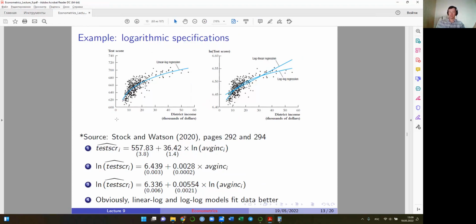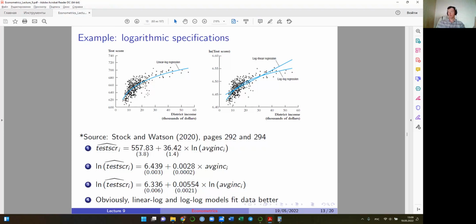We want to have test score in levels and income in percent because it makes sense to look at the percentage change in income rather than the percentage change in the test score. Therefore, if we are left with the first and third model, the linear log model and the log model, and we need to choose from them, maybe the first model is better because it doesn't make sense to compute the percentage changes in test scores, but it makes sense to compute the percentage changes in average income.